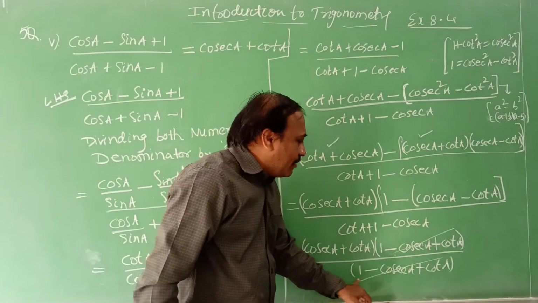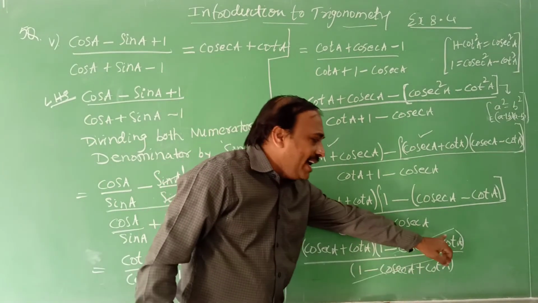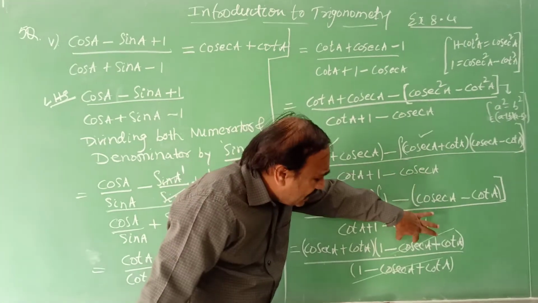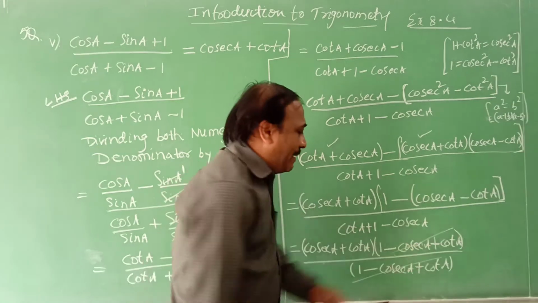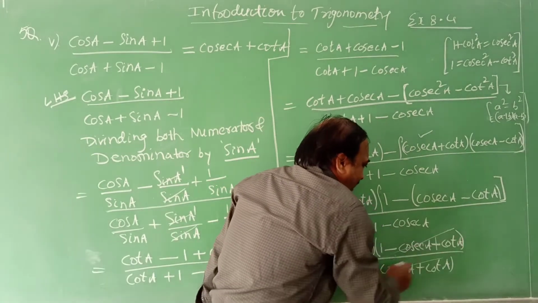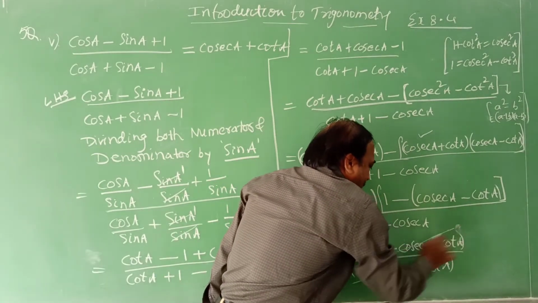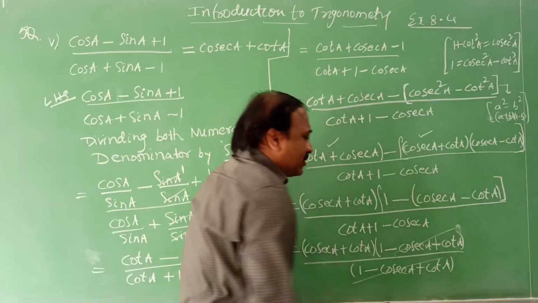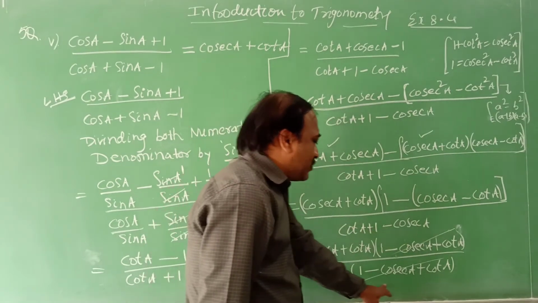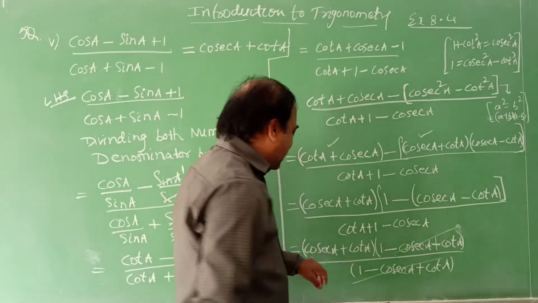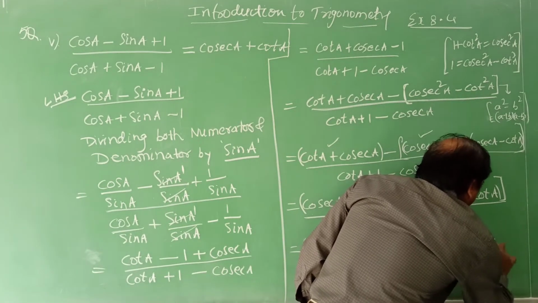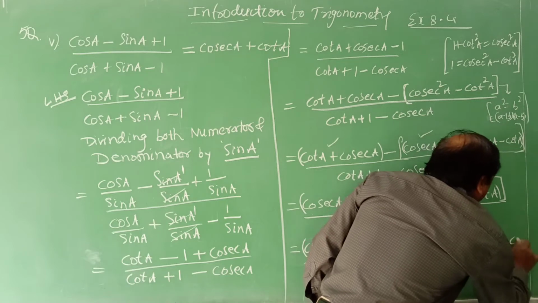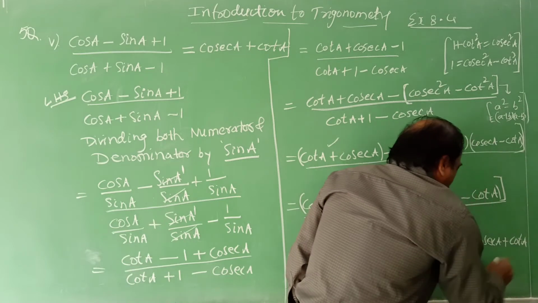Do not cancel 1 and 1, cosecant A and cosecant A, cot A and cot A separately. This is completely one term, and they are both the same, so they get cancelled one time. The leftover is cosecant A plus cot A.